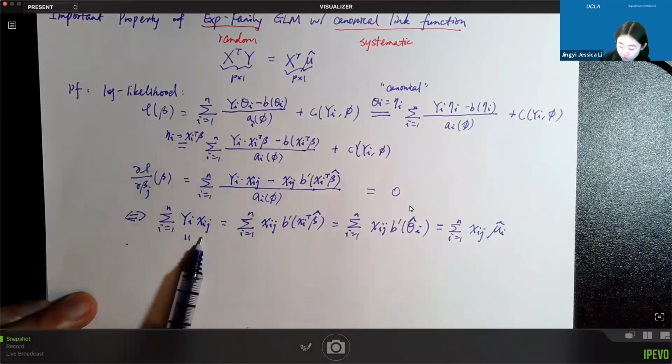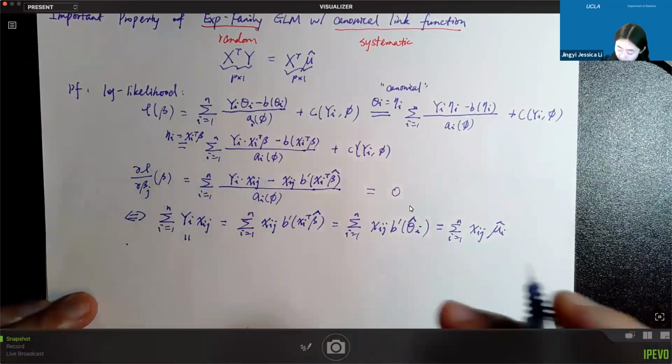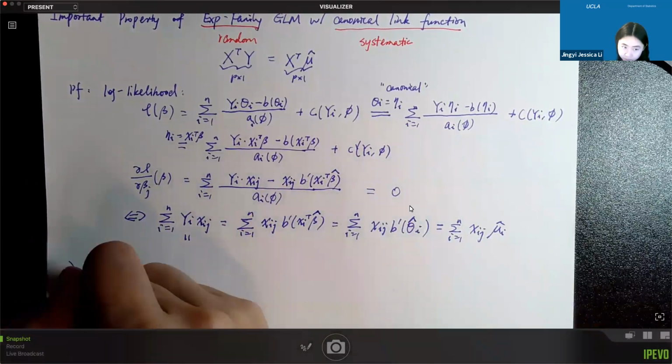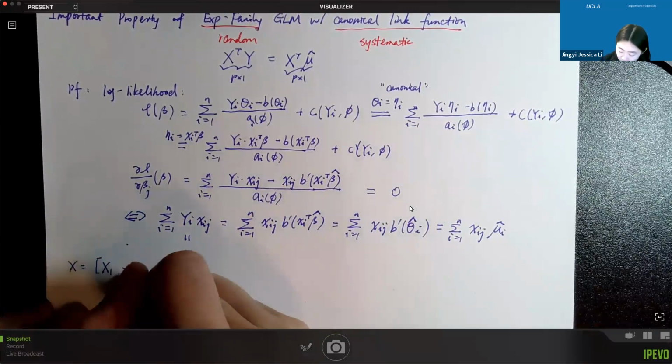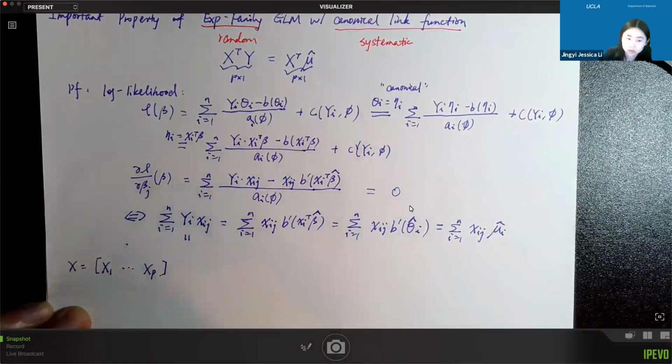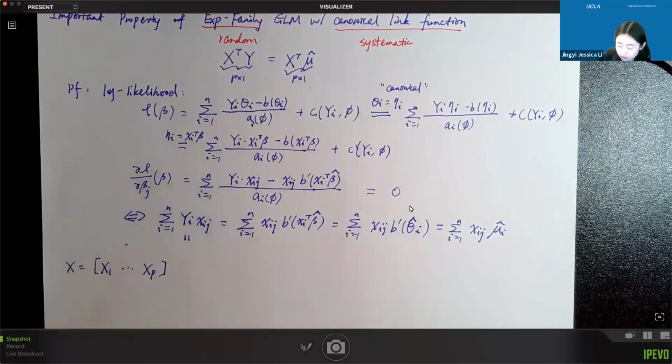I call that x_j. Just to remind you, if I write X as x_1 to x_p, each column, the jth column, is called x_j. So this is the jth column with inner product with y.